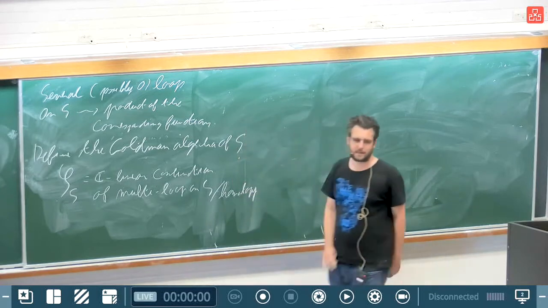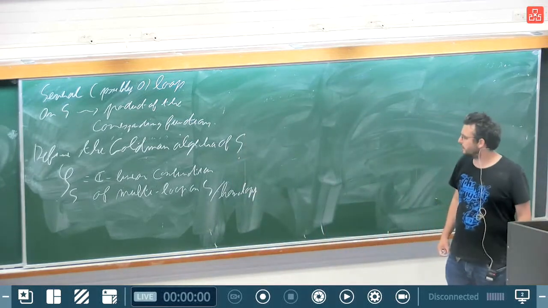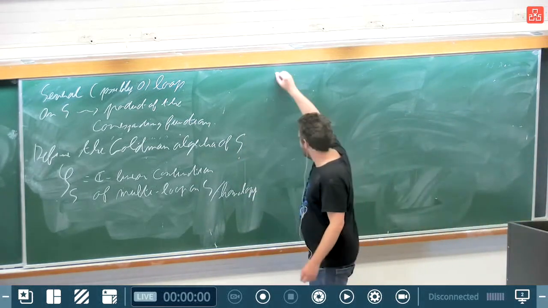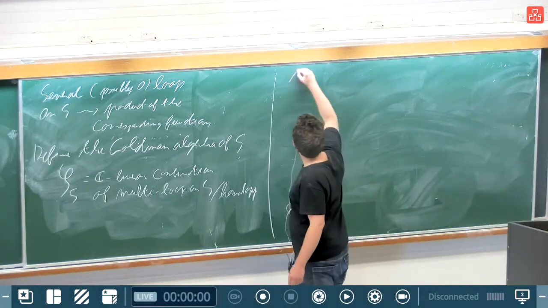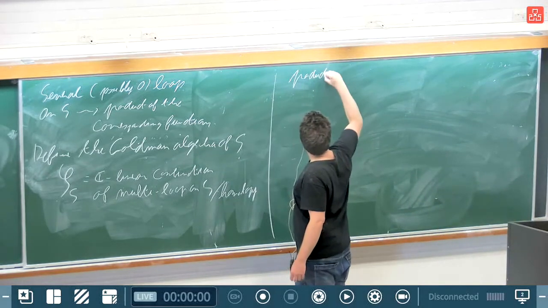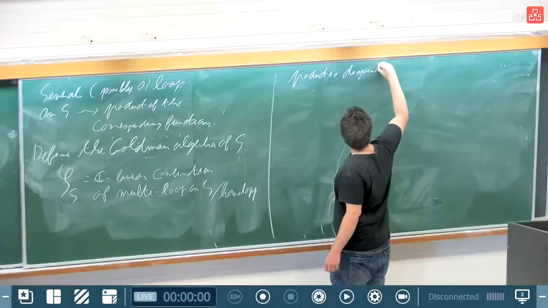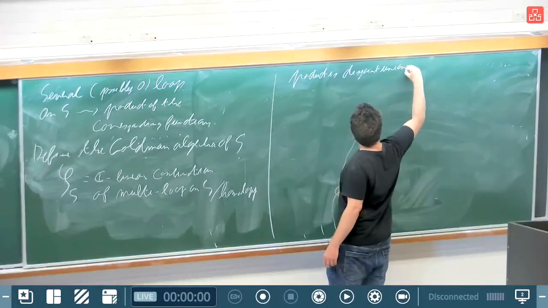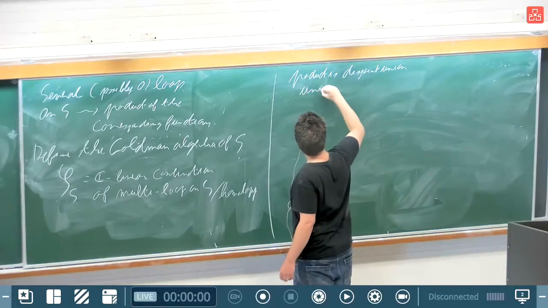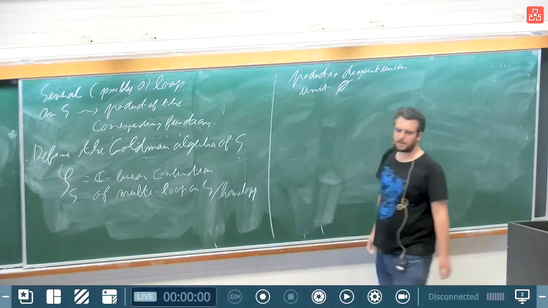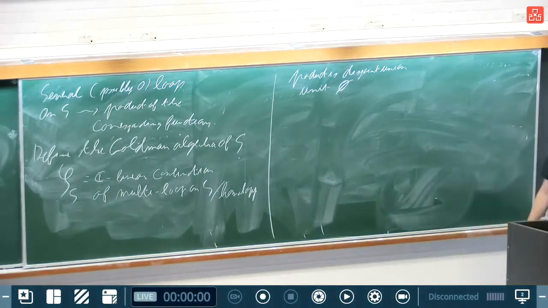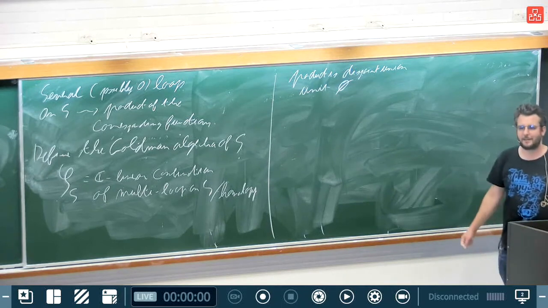I mean homotopy classes of loops. And this thing is an algebra where the product is just disjoint union, and the unit is just the empty loop. Okay. Is that okay for everyone?